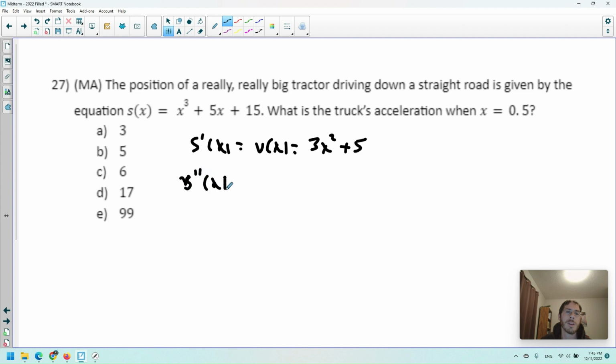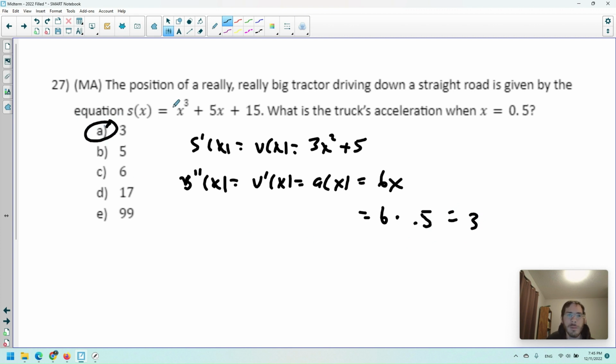S double prime of x is going to be v prime of x, which is a of x, which is going to be, in this case, 6x. So when we plug in 0.5, 6 times 0.5, we're going to end up with 3. So we'll pick A on that one. Notice the person did the x's instead of the t's. Usually we see the t's. They want to do the x's, so we deal with the x's.